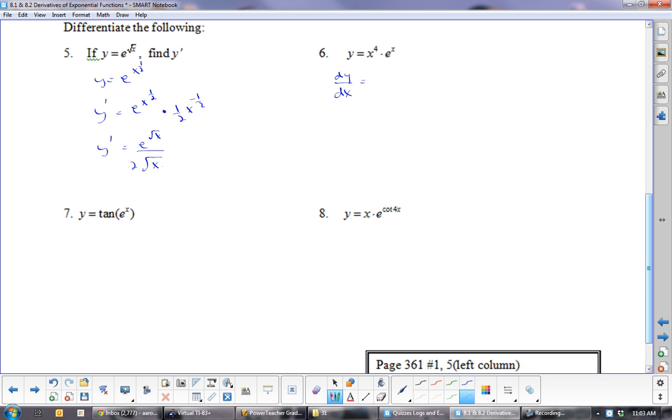Let's go: x to the 4th times the derivative of the second, which would be e to the x, plus the derivative of the first, 4x cubed, e to the x. Okay, now we just want to clean it up at this stage. Each one has an x cubed and an e to the x. So I'm going to take an x cubed out of both and an e to the x out of both, leaving me with x plus 4.